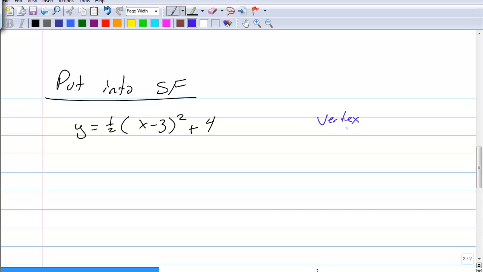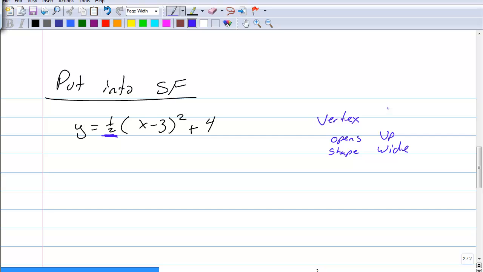Now, if we were to graph this, and we'll talk more about this later, which way is this going to open? Well, because A, here's A, it's 1/2. It's positive, it opens up. What's the shape going to be? Well, 1/2 is less than 1, so it's going to be wide. And where is our vertex going to be?